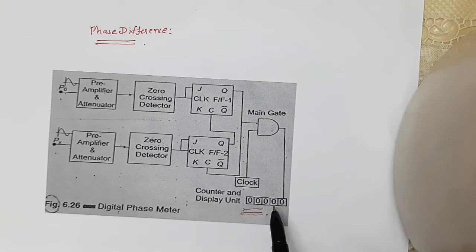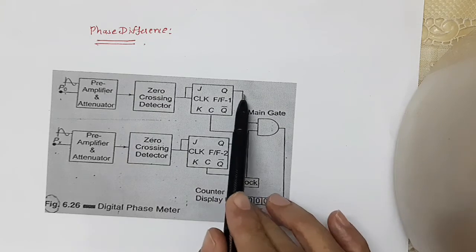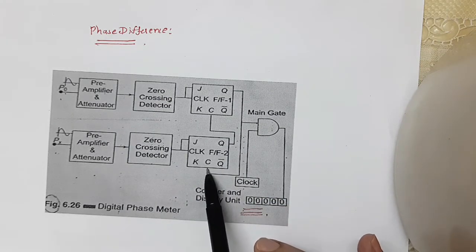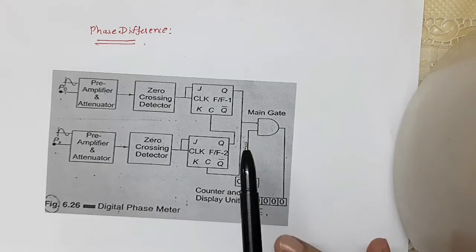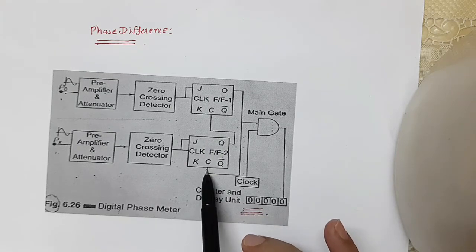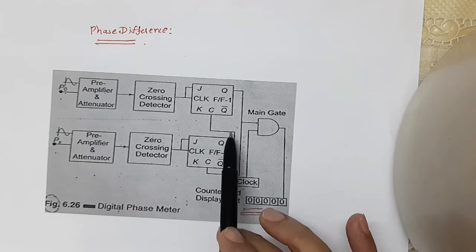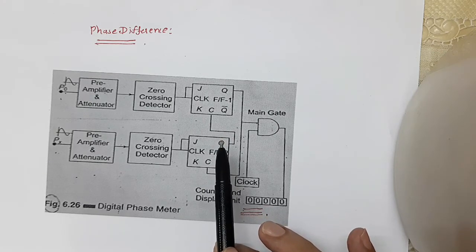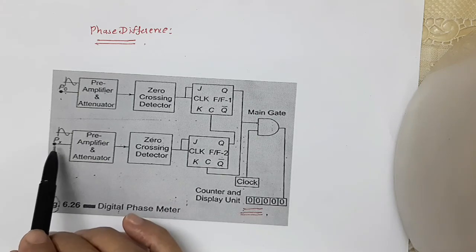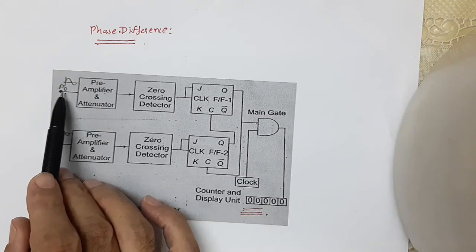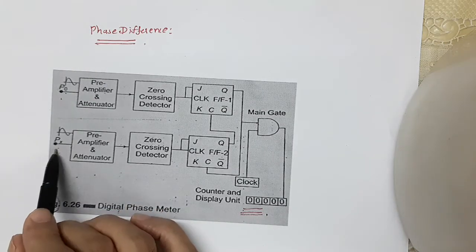Also, this high output of flip-flop 1 is given to the main gate as well as to the clear input of flip-flop 2, which makes the output of flip-flop 2 go to 0. Now consider the second input PX, which has a phase difference with respect to P0.